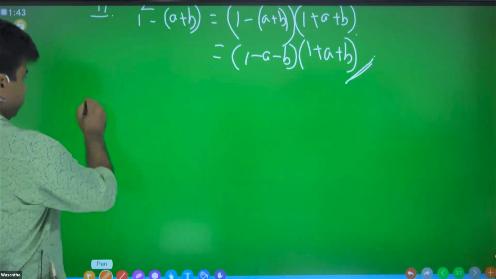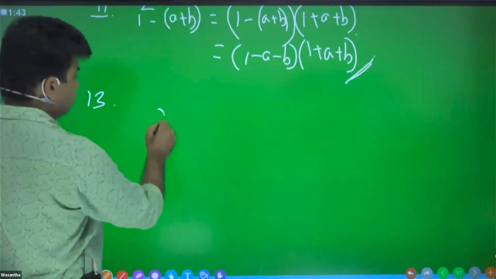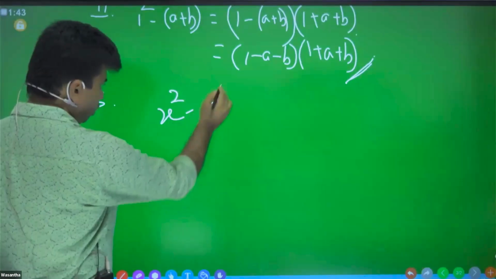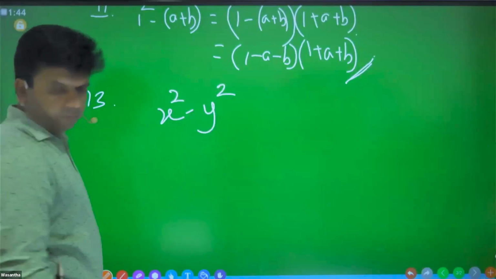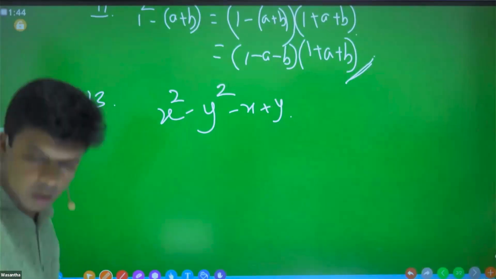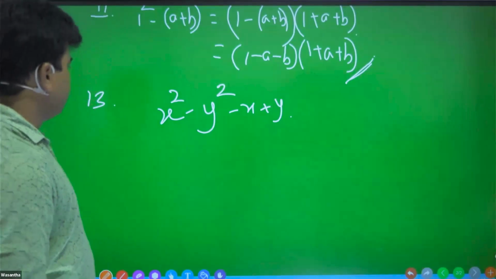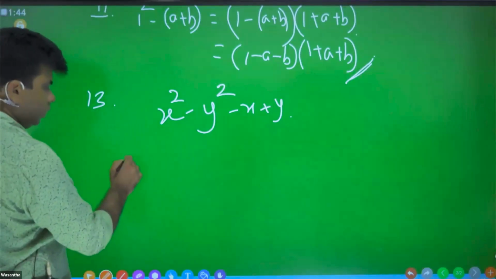Your simplification is very important for this one because I can see some students are making mistakes because of the lack of this knowledge. Minus x plus y, okay? Our topic is factorization. See how do we factorize here.